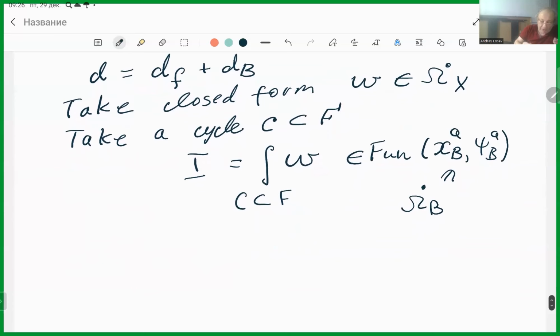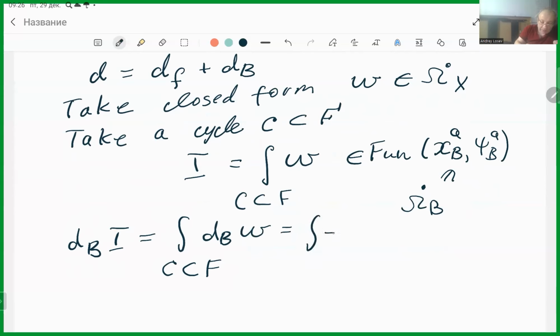What can I say about I? I can say that d base applied to I equals d base applied to omega, which equals minus d fiber applied to omega.